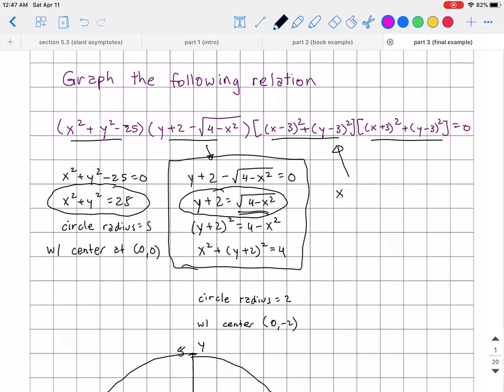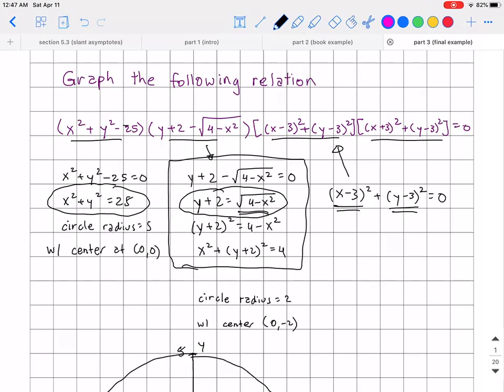We're going to set that equal to 0 as well. So x minus 3 quantity squared plus y minus 3 quantity squared is equal to 0. Now, this is going to be more of a translation thing. We have two numbers that are going to be squared, and when added together are equal to 0.